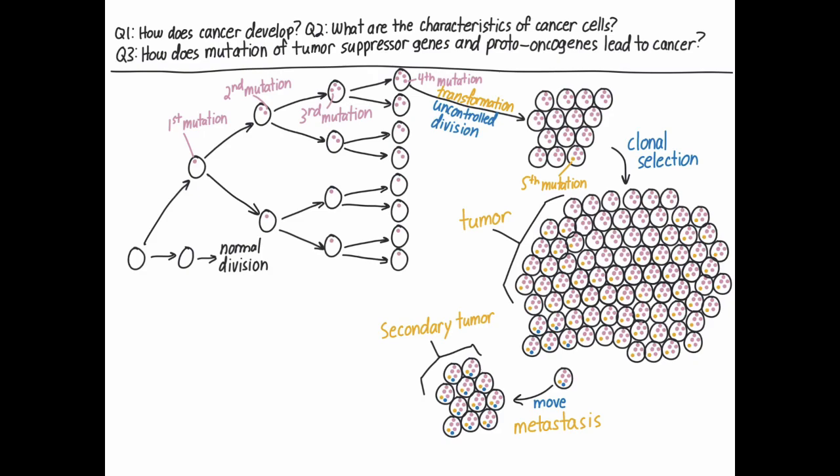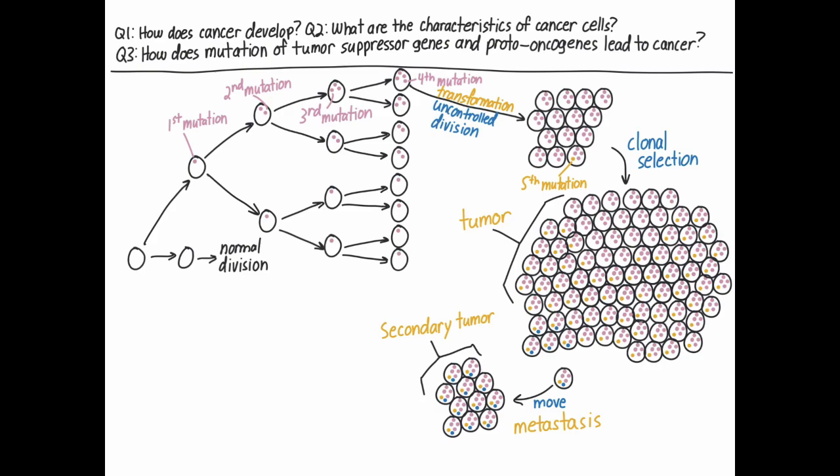Now, mutations don't occur as often as I'm showing here. There could be many cell divisions that occur between this first mutation and the second mutation. Perhaps this first mutation occurred in a stem cell when this individual was just an embryo, while this one occurred at age 20, and maybe these two occurred at age 70.